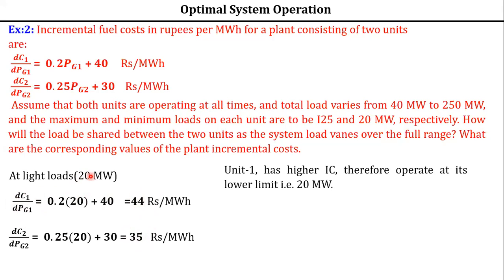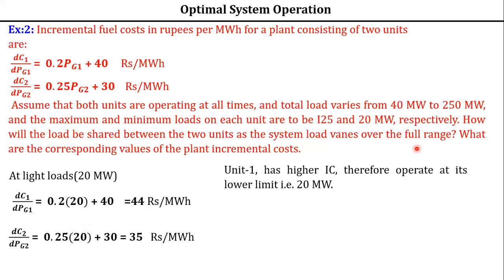Any increase in load will be given to unit 2 because its incremental fuel cost is 35. We are not going to disturb unit 1. The additional load increase will be taken care of by unit 2. But till which point?